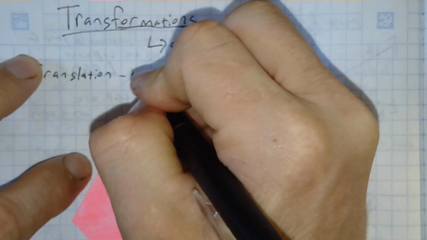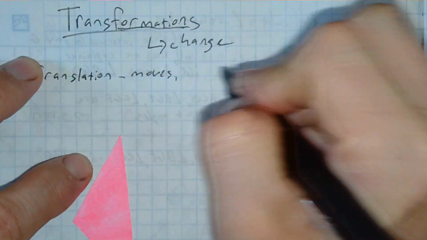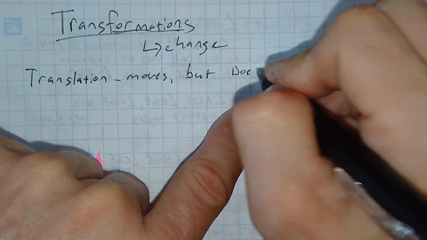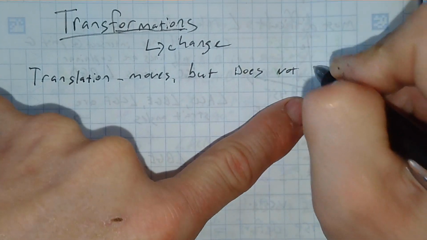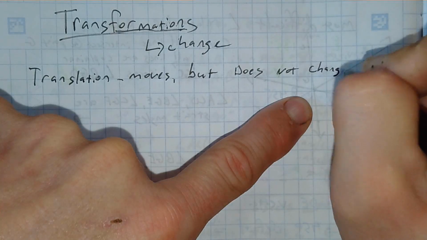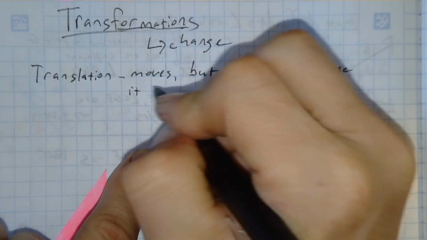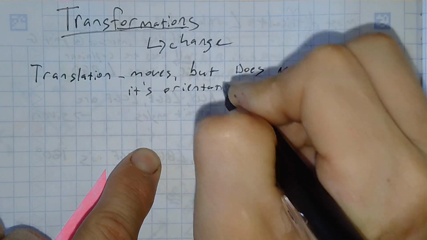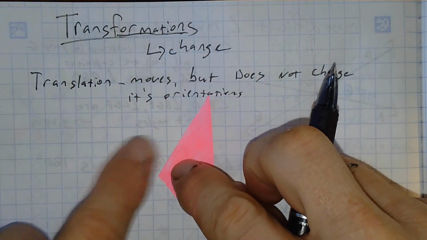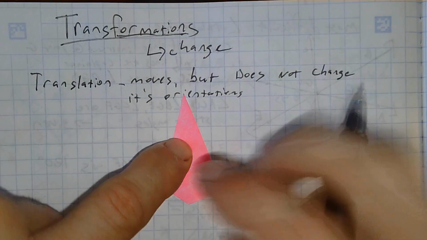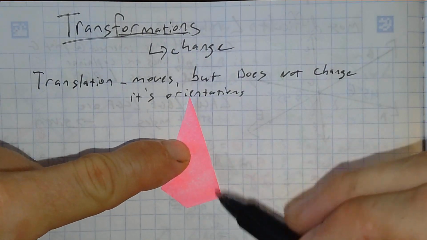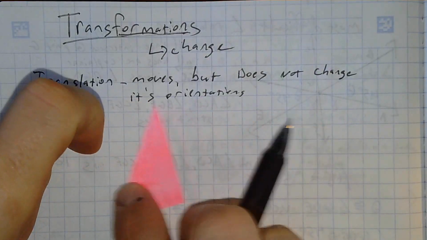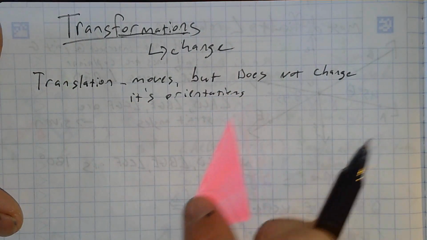It moves, but does not change its orientation. That means that all the points, all the vertices on this figure, are all pointing or oriented the same way. Okay, that's a translation.